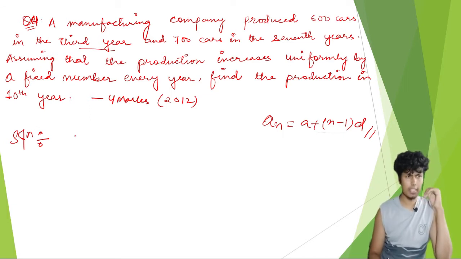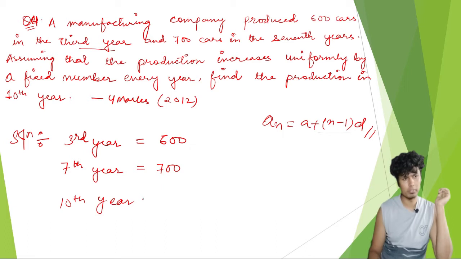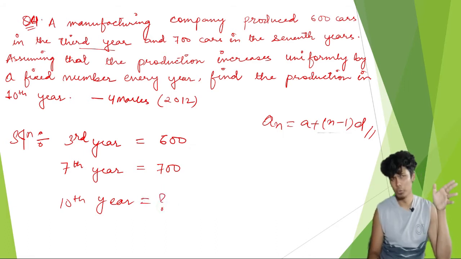Third year production was 600. Seventh year production was 700. Now we need to find the 10th year production of cars.